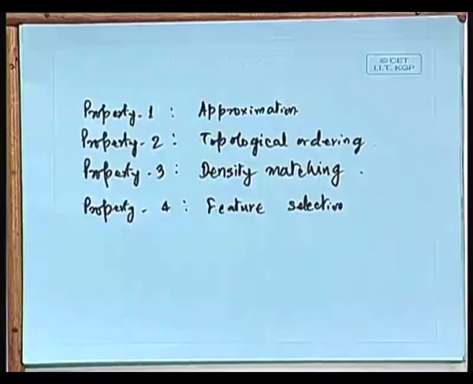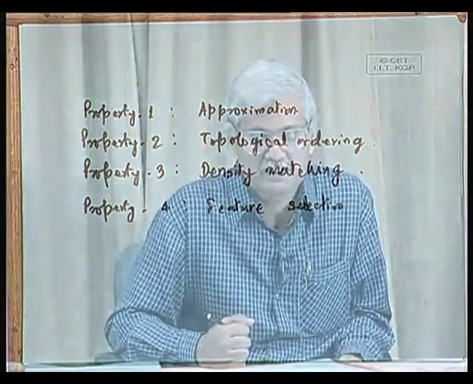So, this is also a very important property. In fact, it logically follows from the other properties itself. So, this is what we have for the self organizing map, a very useful thing.